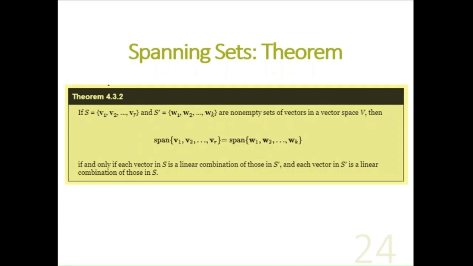Looking at theorem 4.3.2, if S is a set of vectors V1, V2, up to VR, and S prime is a set of vectors W1, W2, etc., and they're non-empty sets of vectors in a vector space V, then the span of S, written out here with all its vectors, equals the span of S prime, also written out here with all its vectors, if and only if each vector in S is a linear combination of those in S prime, and each vector in S prime is a linear combination of those in S. So this is a nice added bit of theory. It gives the relationships between two sets of vectors, and you can conclude that the span of S equals the span of S prime if it meets these conditions: each vector in one is a linear combination of the vectors in the other, and vice versa.